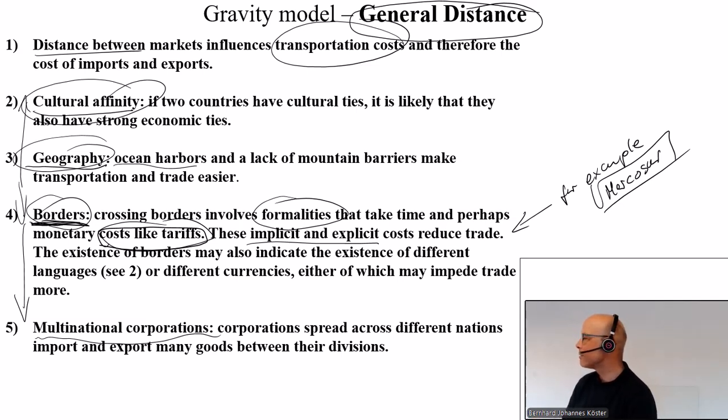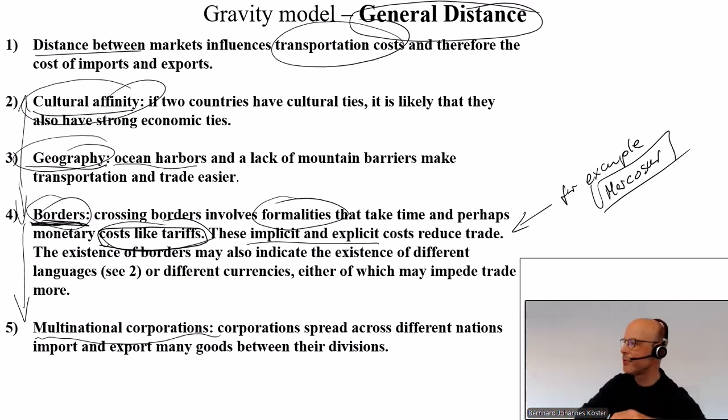This is not very surprising, because you could say there are different sub-departments of the same corporation, one in Germany, one in the UK, and one in the United States, and these sub-departments start to trade within a corporation more easily than compared to the situation if these would be different corporations. This is of course also quite obvious.